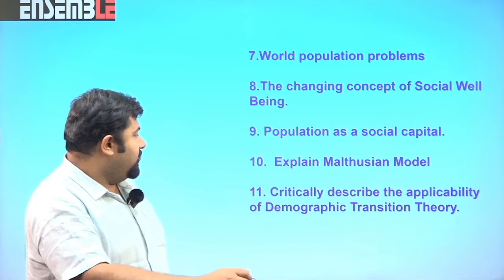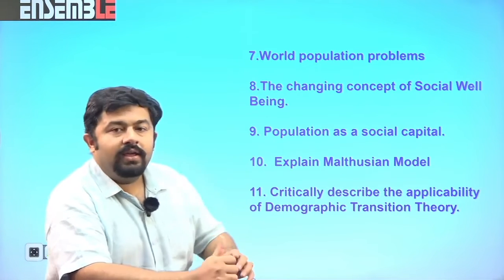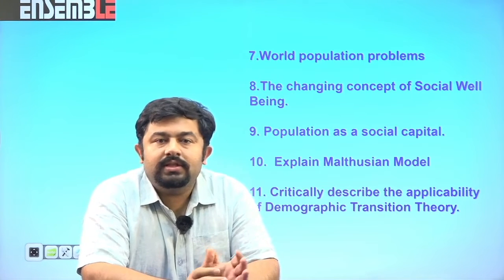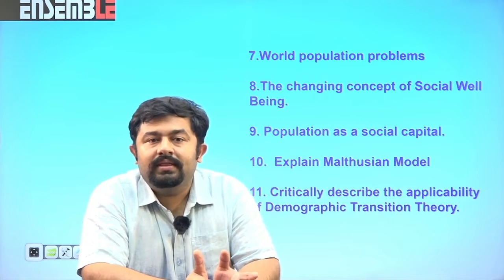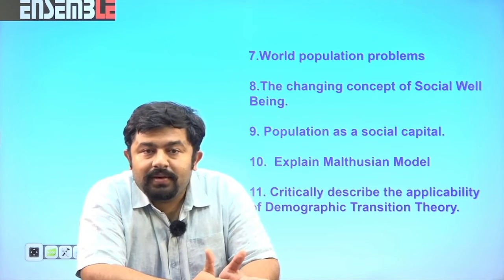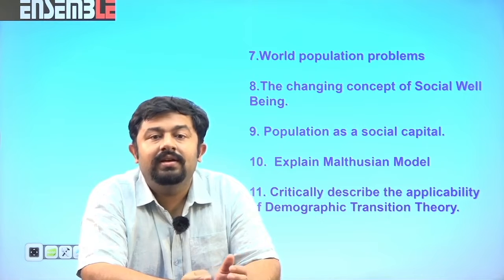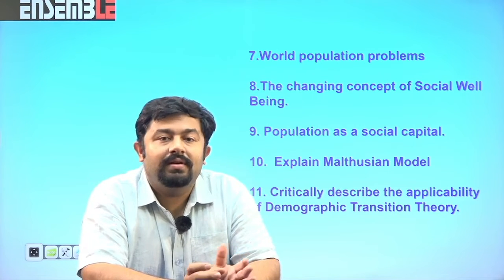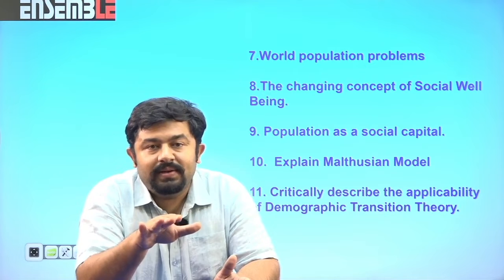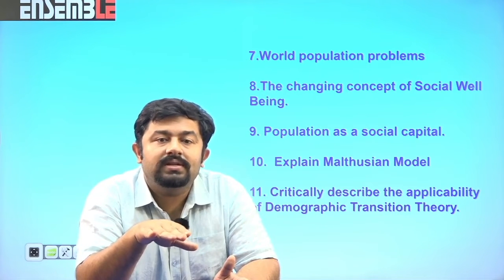Question number 11. Critically describe the applicability of demographic transition theory. So there's a theory of demographic transition that has different stages. Stage 1: high birth rate, high death rate, low and stationary population. When there's some development, better health facilities, it moves to stage 2 because the birth rate remains the same, the death rate decreases, and there is a population explosion.